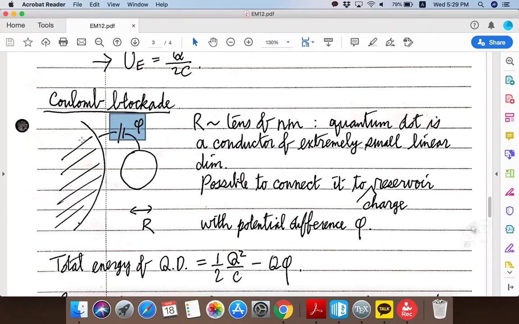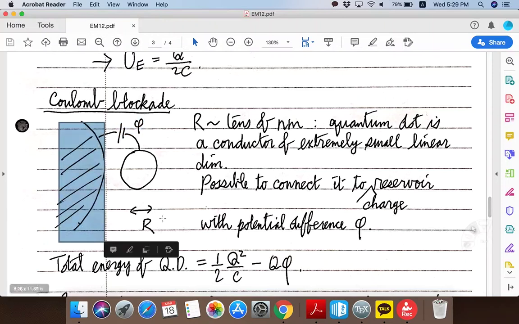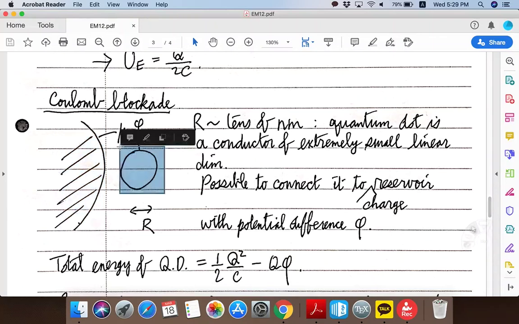So assuming that this huge conductor is held at zero potential, this quantum dot conductor can be held at some potential minus phi, which is negative, and therefore some charges can flow from this huge conductor to a tiny quantum dot.